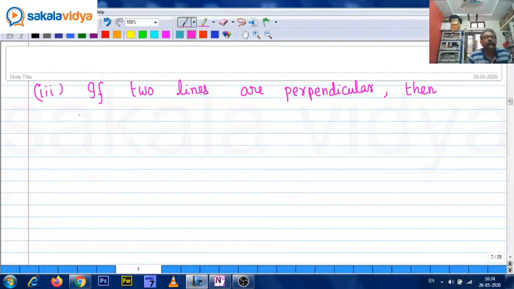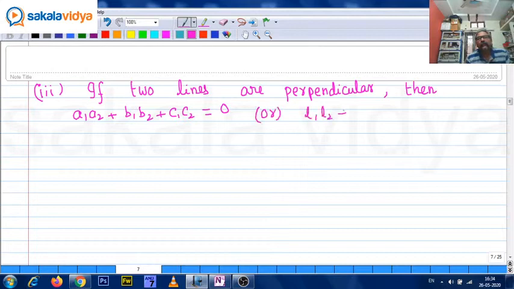Then A1 A2 plus B1 B2 plus C1 C2 equals 0. Or we can write L1 L2 plus M1 M2 plus N1 N2 equals 0.